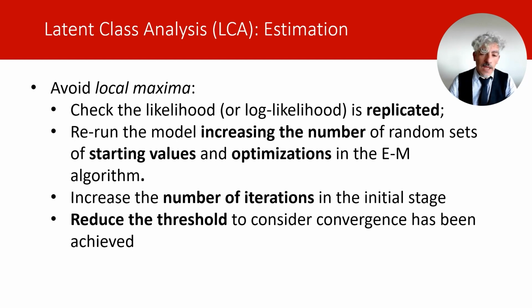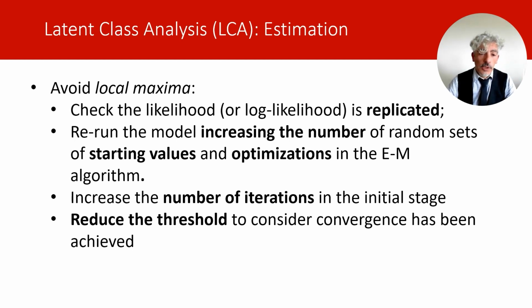So if the same value of the likelihood is returned on different runs of the algorithm, this increases our confidence that the solution we are finding may not be a local one, but maybe the actual best one. And we can also then, after estimating a model, run the same model a second time, but increasing the number of runs of the expectation maximization algorithm.